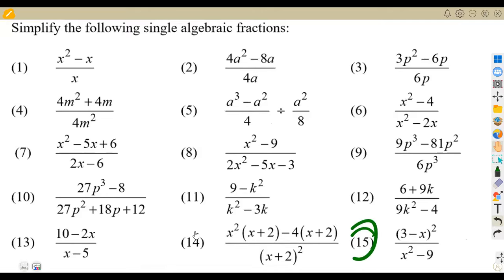Revise also your factorization as a topic, as a subtopic on its own. From linear, quadratic, which are the trinomials, from the grouping of terms, all those basics of your factorization, difference of two squares, the difference of two cubes, the sum of two cubes, everything has to be done.